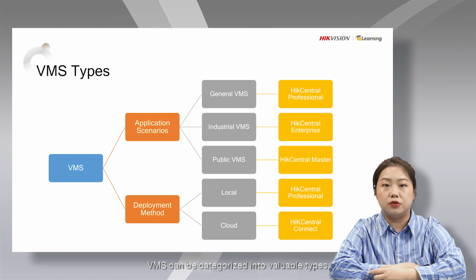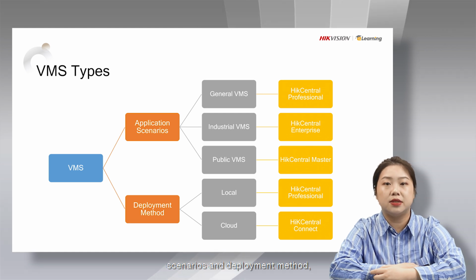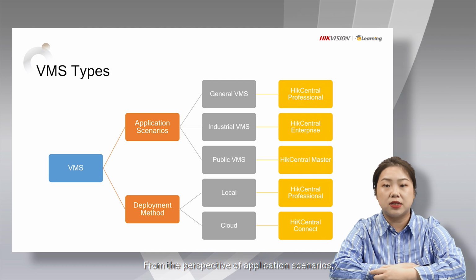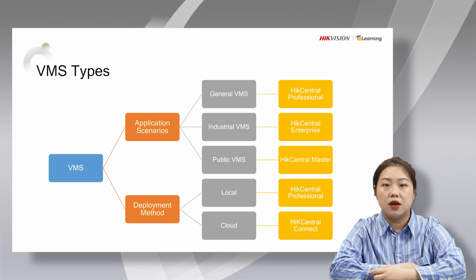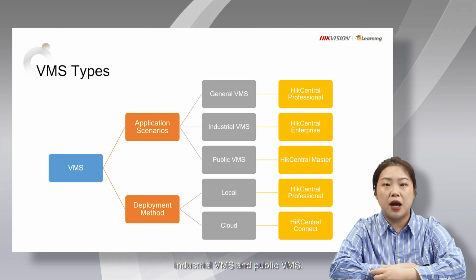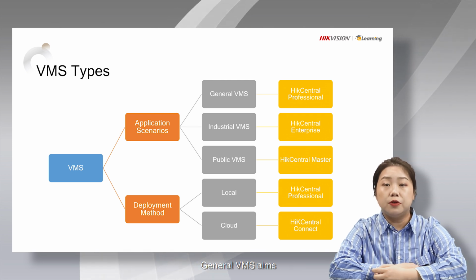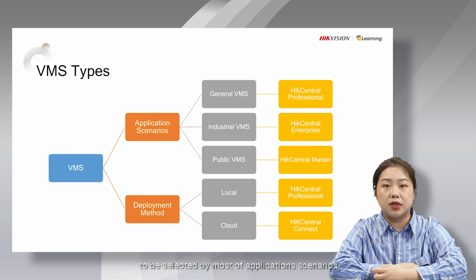VMS can be categorized into variable types according to their application scenarios and deployment method. From the perspective of application scenarios, there are general VMS, industrial VMS, and public VMS. General VMS aims to be selected by most application scenarios, thus it does not have many industry attributes.